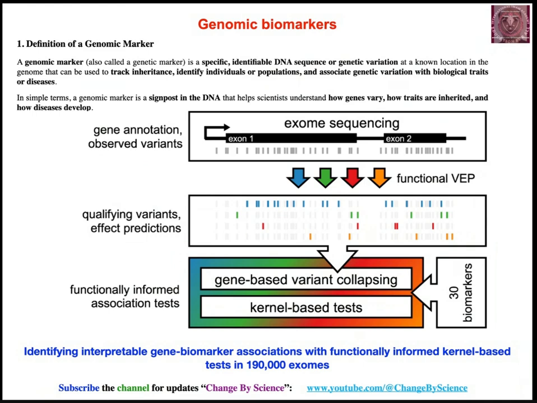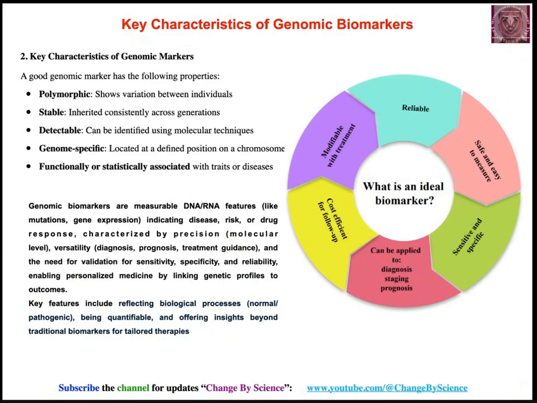publicly available data sets. Now it comes to the key characteristics of genomic biomarkers. As you understand already, they are measurable DNA and RNA features like mutations, gene expressions, or other things, for example, copy number alterations and structural variants, and that could help in diagnosis, prognosis, or treatment guidance.